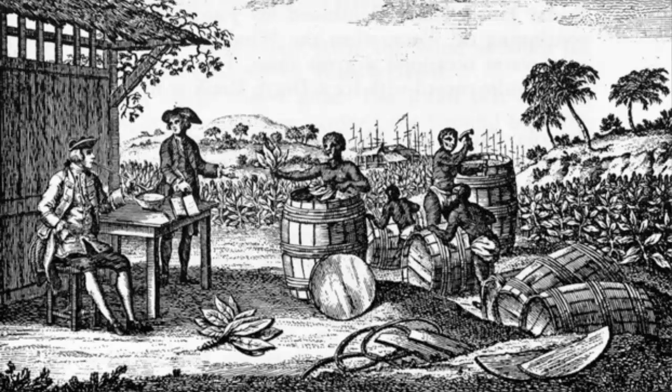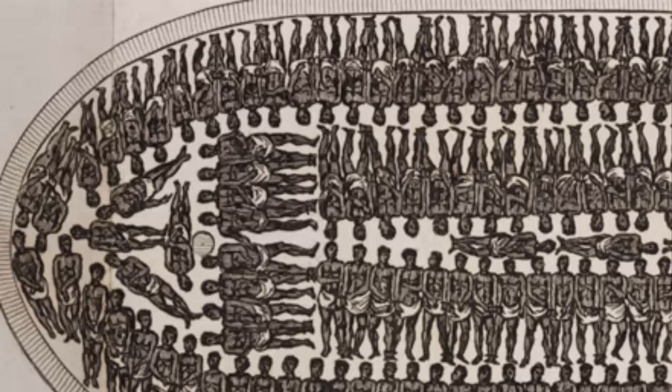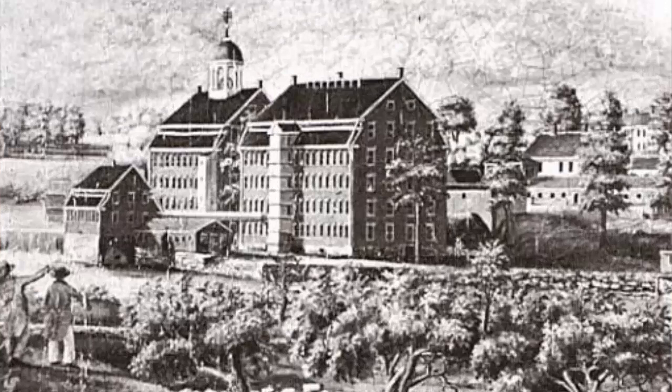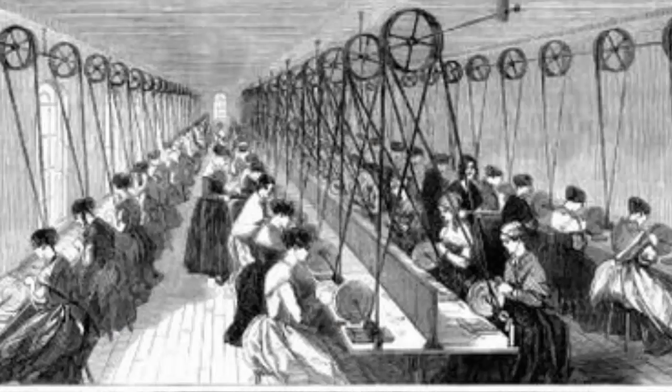Before I go on any further, it's important to mention that slavery was practiced throughout the colonies. But there was a time when the North started to move away from agriculture towards industrialization. Industrialization simply means that goods are being produced by machine.